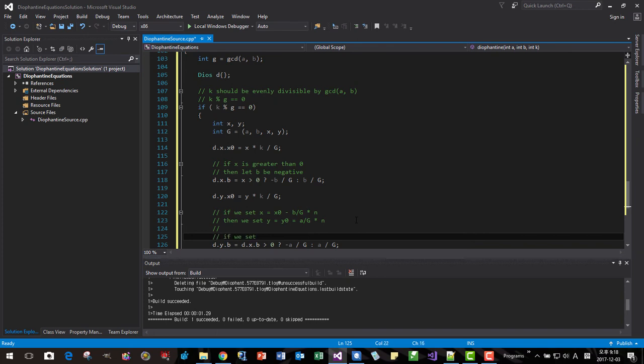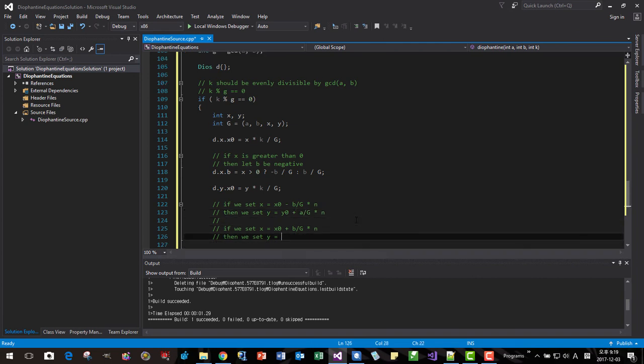If we set x equals x0 plus b over g, and here I can make a string like this, then we set y equals y0 minus a over g times n.